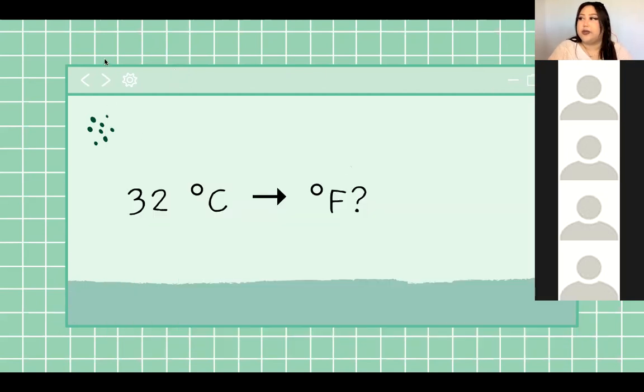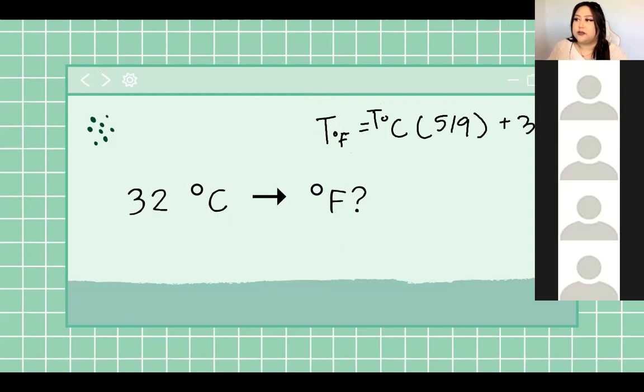Okay, so how would we convert 32 degrees Celsius to Fahrenheit? I'll rewrite the formula. Just plug it in, right?